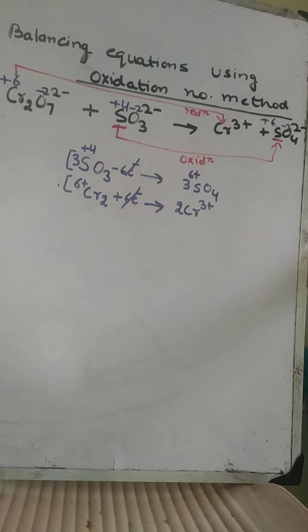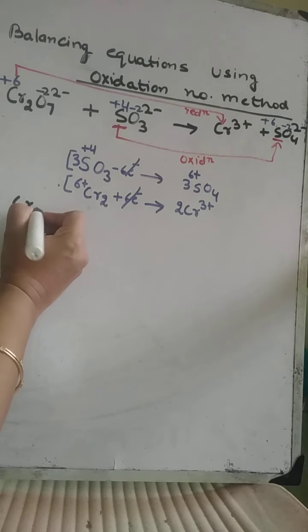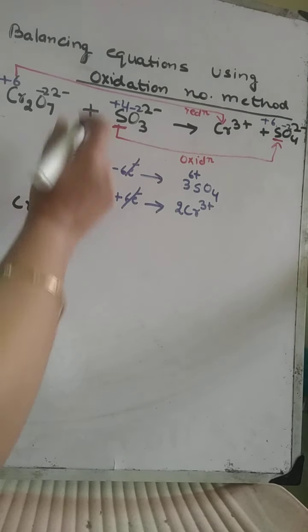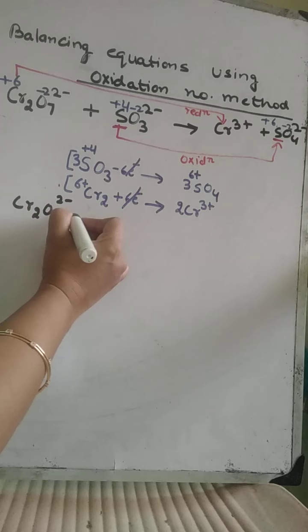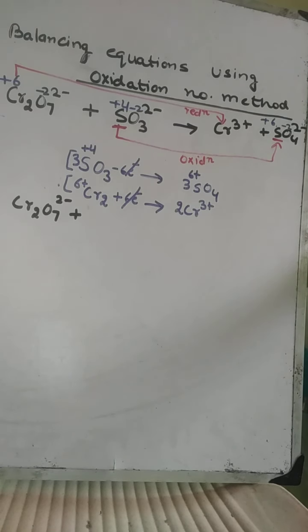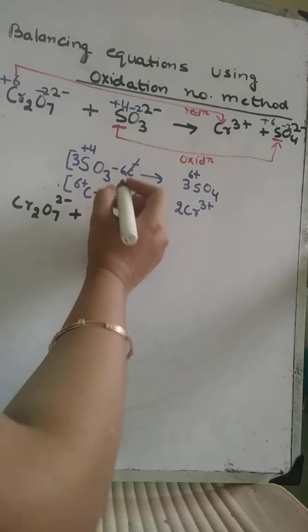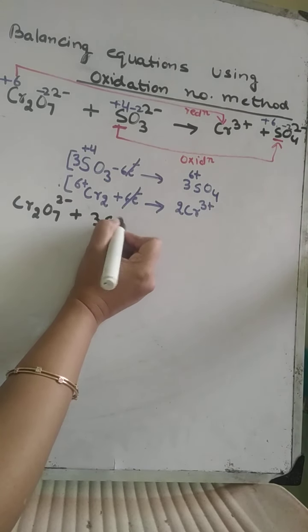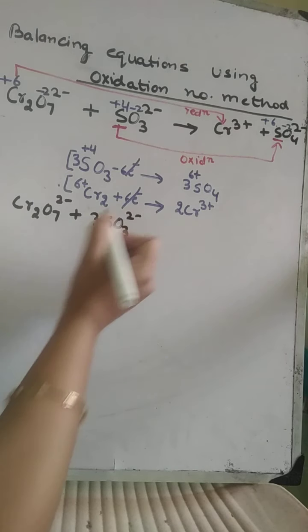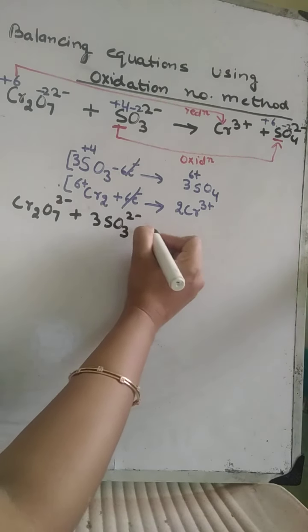Now what you will do is rewrite your equation by writing the number of moles in front. So the Cr containing species, Cr2O7, the charge whatever was in our previous equation, 2 negative, plus 3SO3, and in the previous equation the charge was 2 negative.